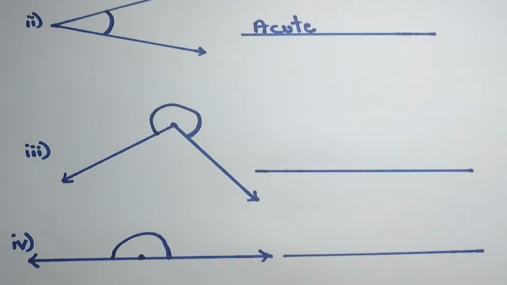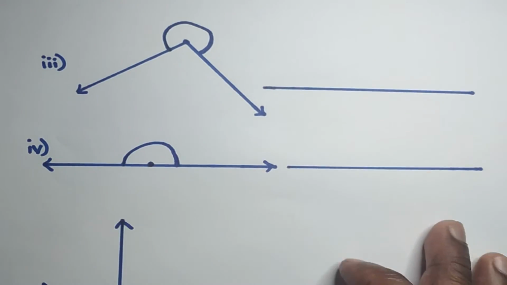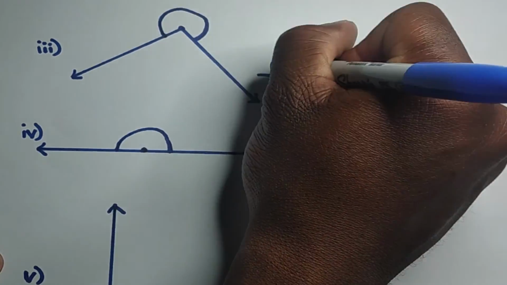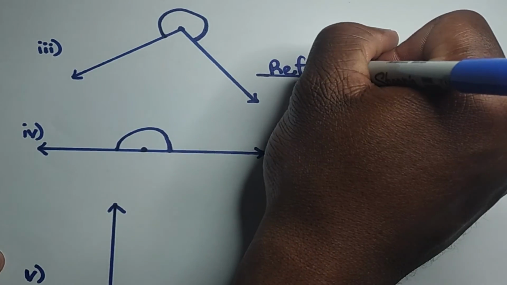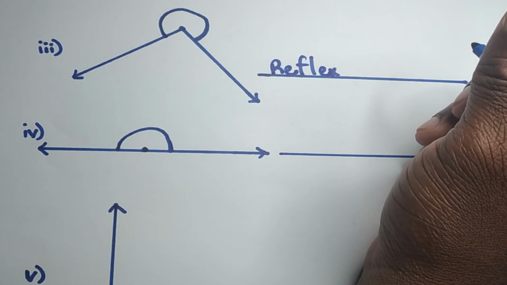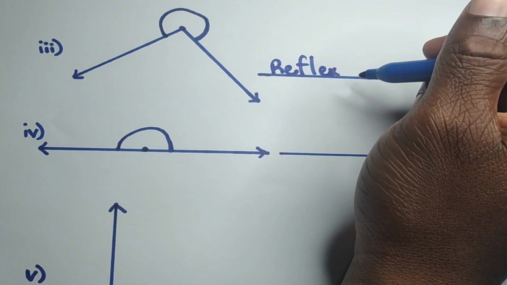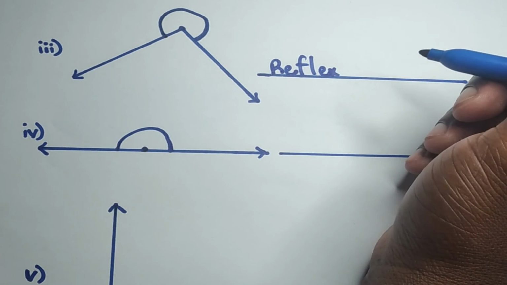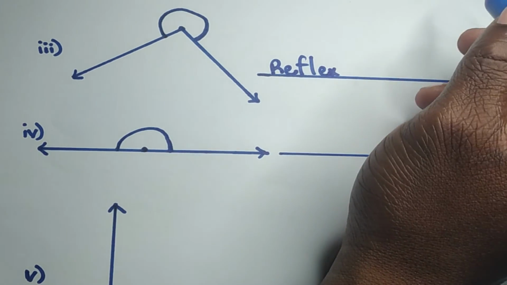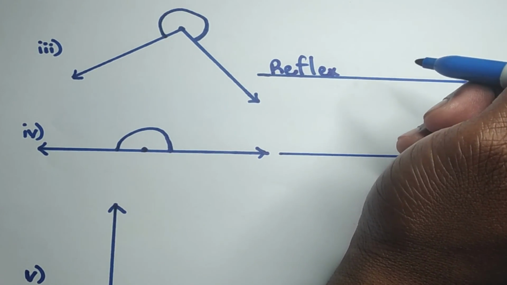Now, let's look at part 3, alright? Of course, this is a reflex angle, and reflex angles are angles that are greater than a straight line angle but less than 360 degrees, alright? So that's pretty much what a reflex angle is.